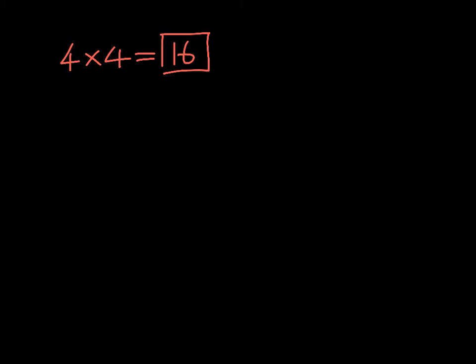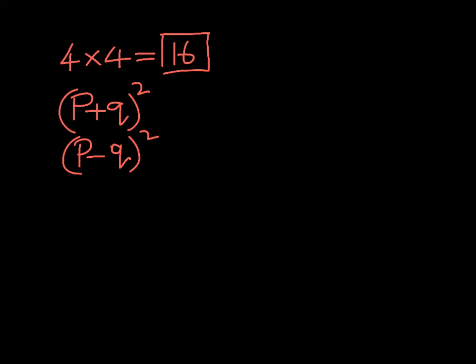Let's represent the numbers with letters now, letters like P and Q. So (P plus Q) squared is an example of a perfect square. (P minus Q) in brackets squared is another example of a perfect square.